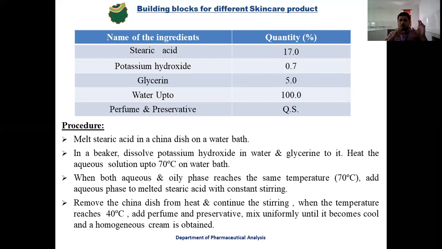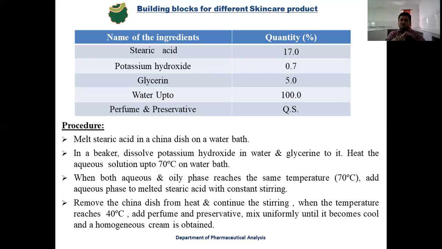Anyhow, we have to add the potassium hydroxide in the aqueous phase, because potassium hydroxide and alkalis are soluble in water. So in one beaker, or a china dish, we have only stearic acid, and in another beaker we have water, glycerin, and potassium hydroxide.